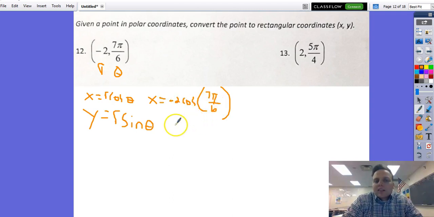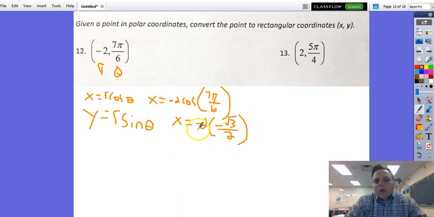Cosine of 7 pi over 6 is in your trig chart, so you can pull it up and you'll see that it is negative square root of 3 over 2. We multiply -2 times negative square root of 3 divided by 2. The negatives cancel each other out, the 2's cancel each other out, so you're just left with square root of 3.